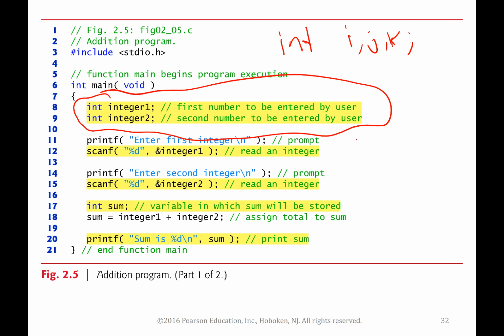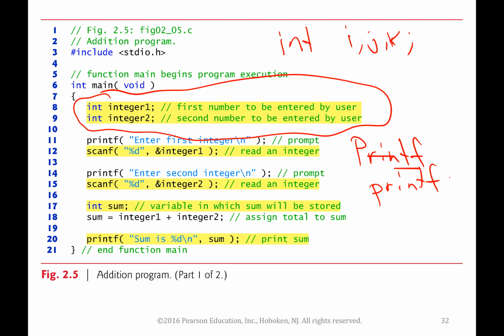Many students would write printf like this. No, it won't work. It's got to be lowercase like that. So C is completely case sensitive, except for the comments. Comments can be whatever you want. They're ignored.